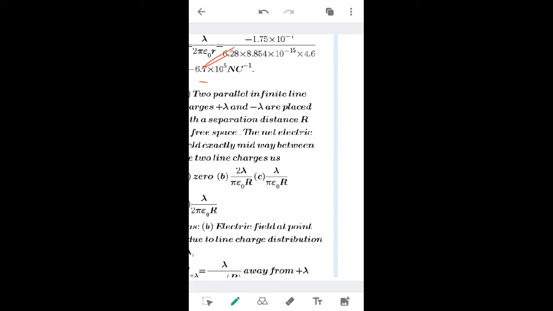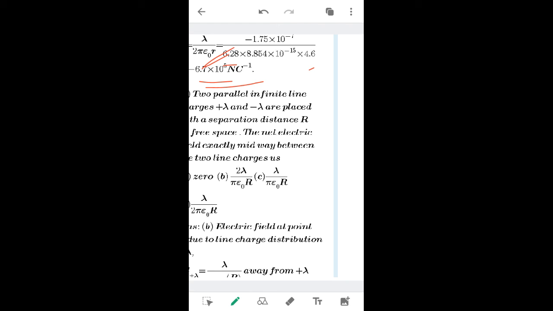So what answer you get is minus 6.7 into 10 raised to 5 Newton per Coulomb. When you substitute the 2 pi value, you will get 6.82 when you multiply, and the value for epsilon naught is 8.854 into 10 raised to minus 12, and the radius is 4.6 into 10 raised to minus 3. Okay, so therefore what you get is this answer.